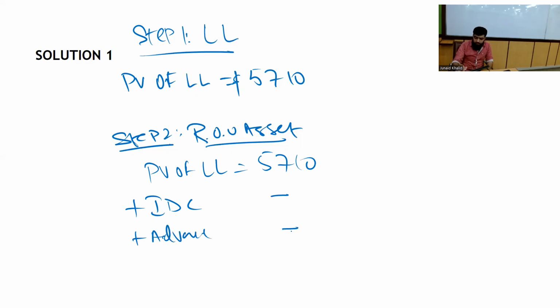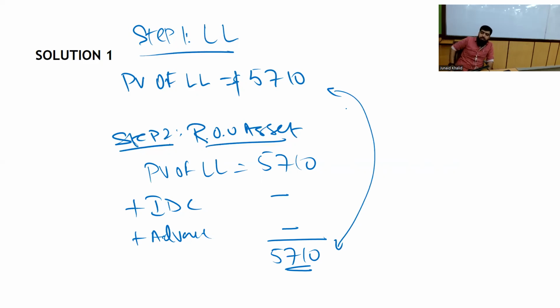So the amount of right of use asset would be 5710. It's a coincidence that the present value of lease liability and the right of use asset are equal. It's not mandatory. There might be a difference between the lease liability and the right of use asset. So the right of use asset is 5710.